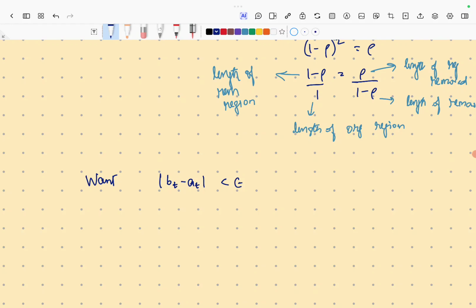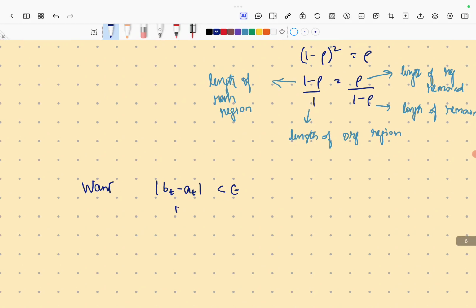How many steps would I require? What is bt minus at in terms of b0 minus a0? Correct. This is nothing but (1 minus rho) to the power t times b0 minus a0, and this should be less than epsilon.